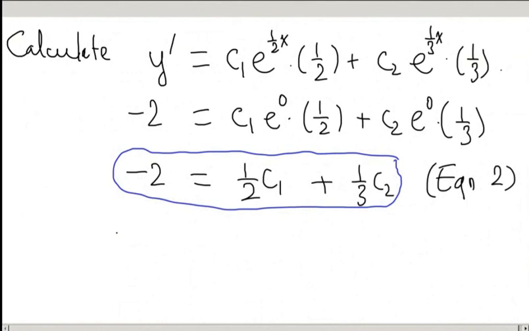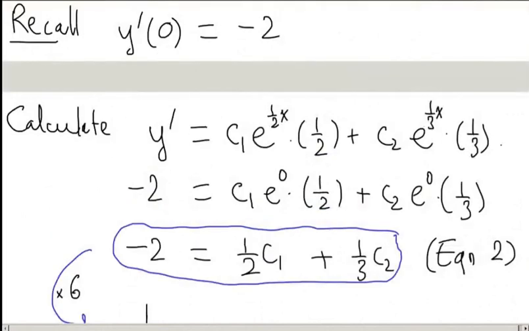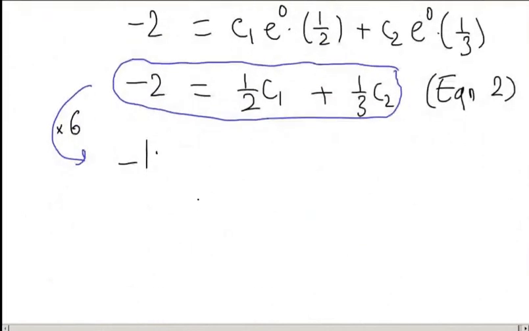So because of that reason, we need to get rid of all the denominators here by multiplying everything by 6, I would say. Then I will have minus 12 equal to 3 C1 plus, I need to distribute 6 to each of the terms here, plus 2C2.